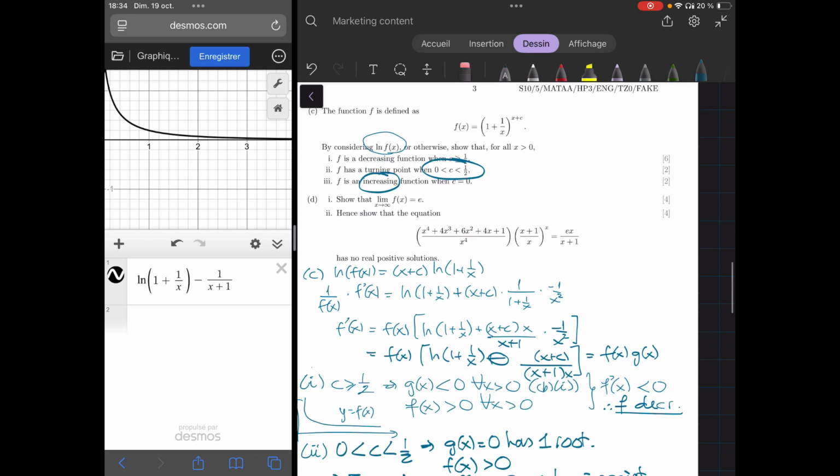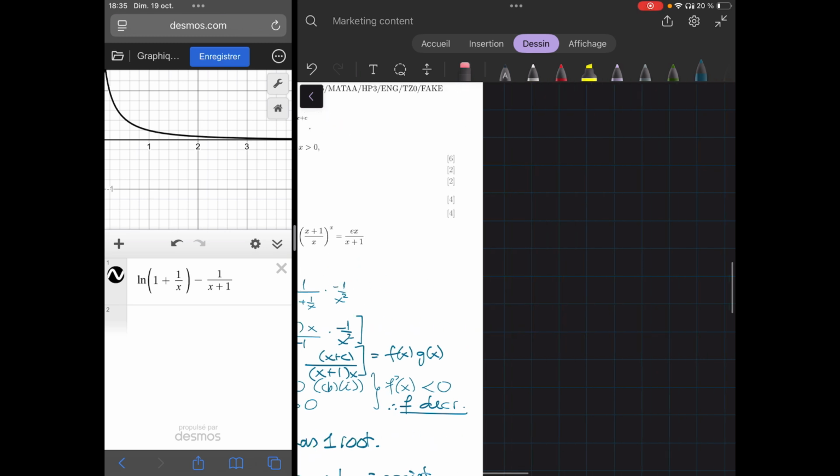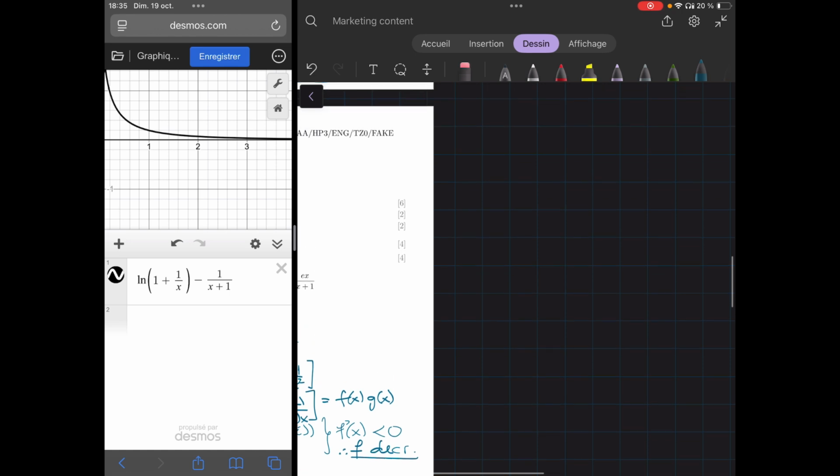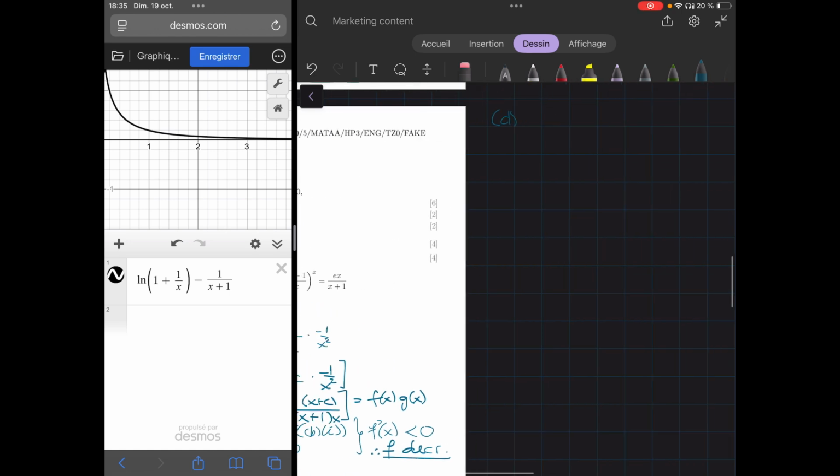Part D. We want to show that this limit is equal to e. This is a relatively standard use of L'Hopital's rule.